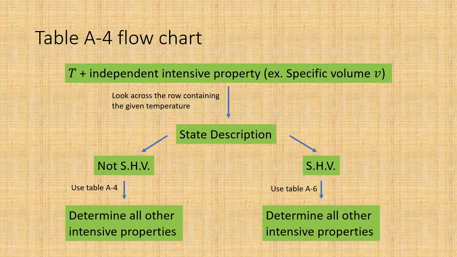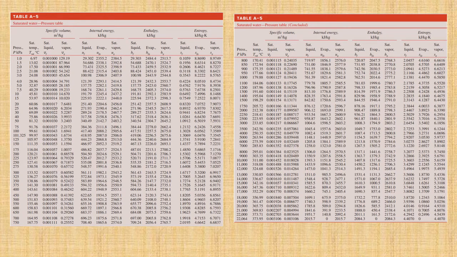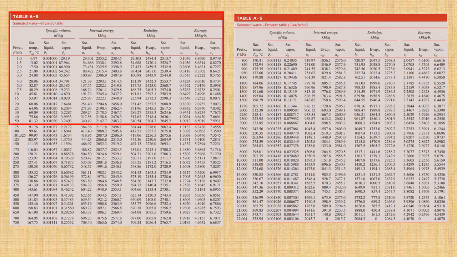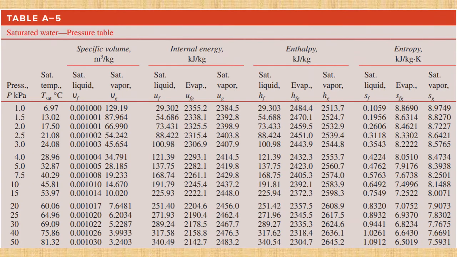Next, let's look at table A5. Table A5 is also 2 pages long and looks like this. To make the explanation clearer, we will use this part of the table. Here's the part of the table we will use. The leftmost column contains various pressure values in the saturated mixture region.